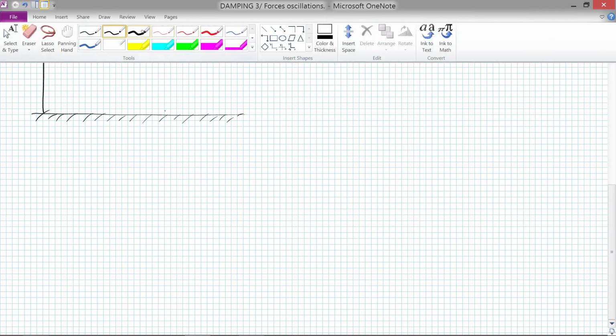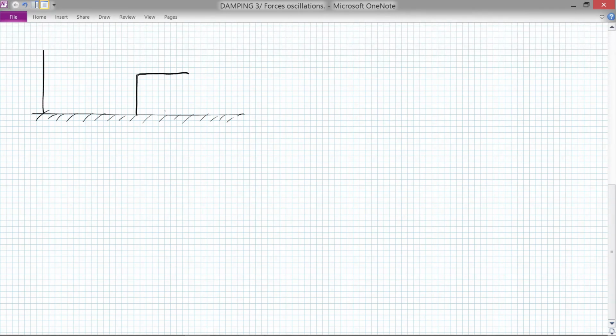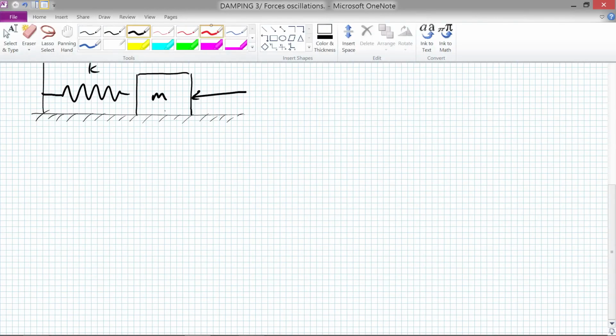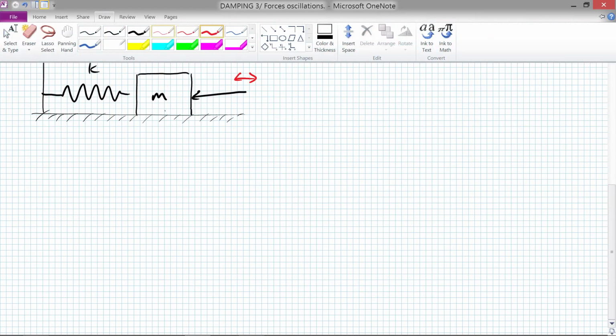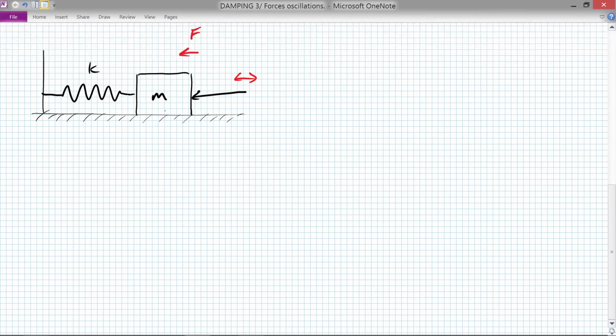Another thing we can do is set up some system where we have our mass, we have our spring constant K, and we have some motor or some actuator here, which itself can oscillate backwards and forwards, and in doing so applies a force F to our mass, and it causes it to oscillate. So in doing that, we get some interesting physics.